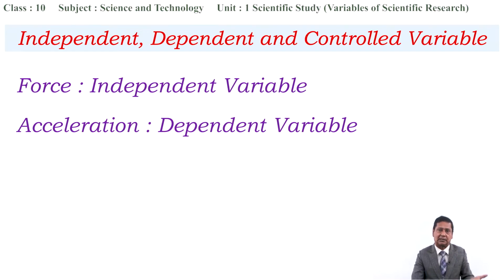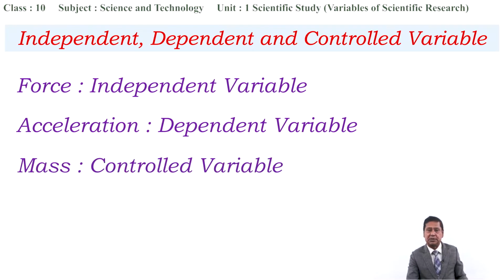The more the force, the more the acceleration. In the same way, what is the controlled variable? Throughout the process, the mass of the body was taken constant, 1 kilogram. That's why mass is the controlled variable. This way, the types of variable, independent, dependent and controlled, can be understood clearly.